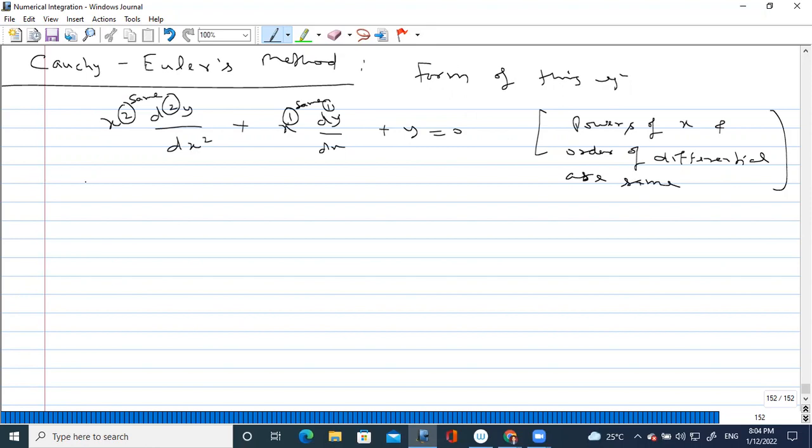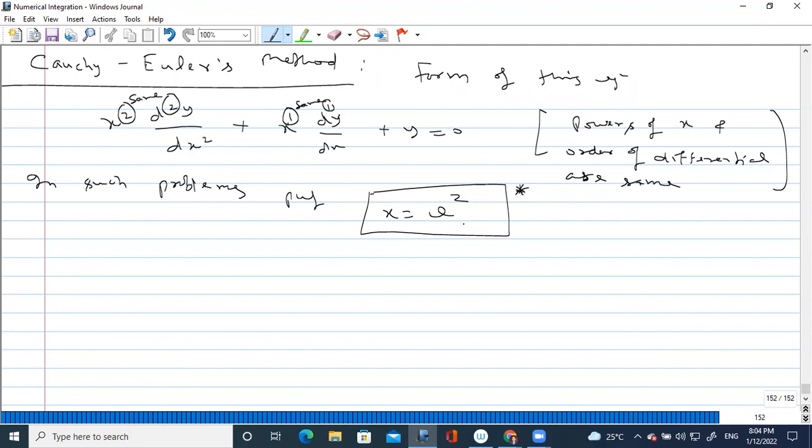Now in such problems, you have to do some replacement. You have to put x equal to e to the power z. This you remember, many times this question has come in the exam, NET exam. So you have to remember it. In such questions you have to just put x equal to e to the power z.